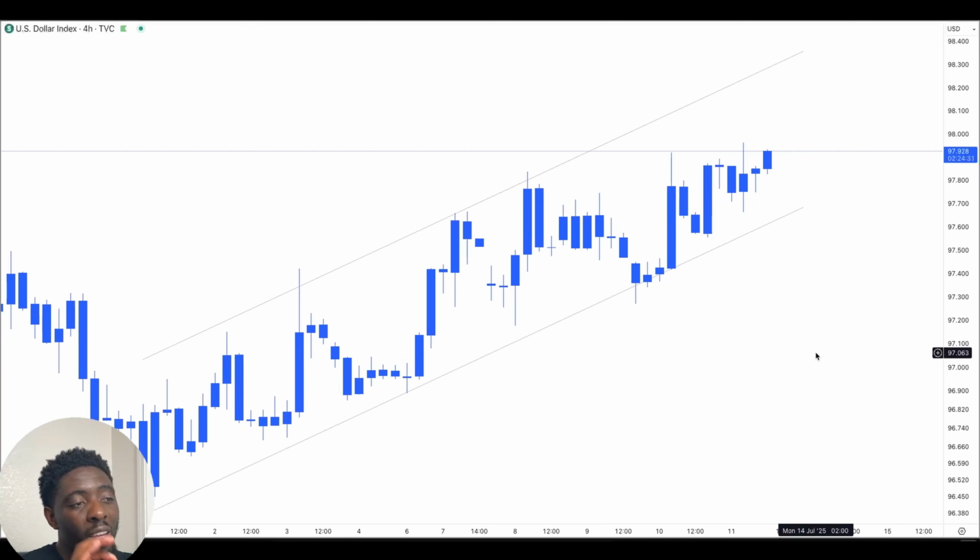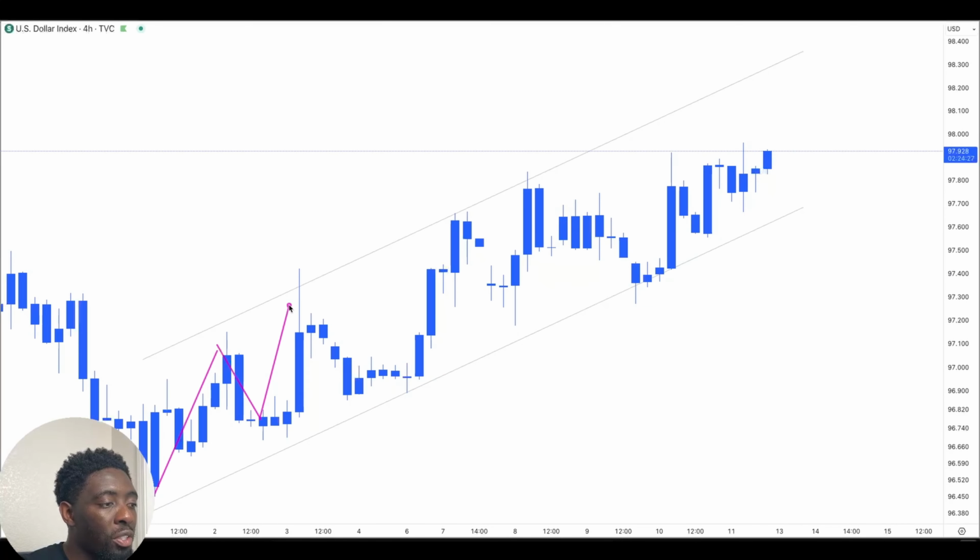So if the DXY keeps respecting the structure, then you're looking at this. It's an impulse correction, impulse correction, impulse correction. Now this is getting confusing at this point, because you had impulse correction, impulse correction, but for some reason you've had an impulse and you're having this difficulty with price moving to the upside.